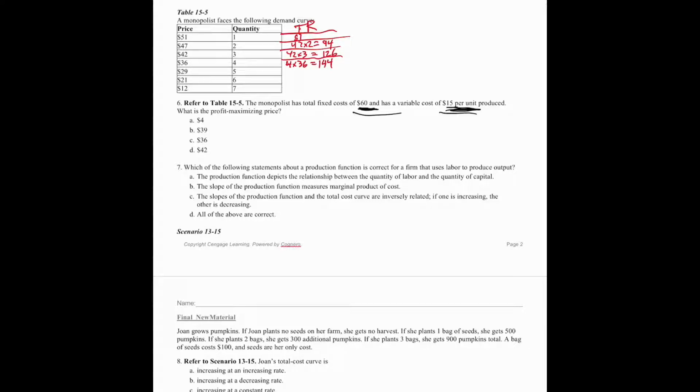And when you get here, you might as well calculate the marginal revenues and then see where you're standing. So the marginal revenue of moving from 1 to 2 is the difference between 94 minus 51, and that equals 43. That's nowhere close to 15, so we have to keep going.